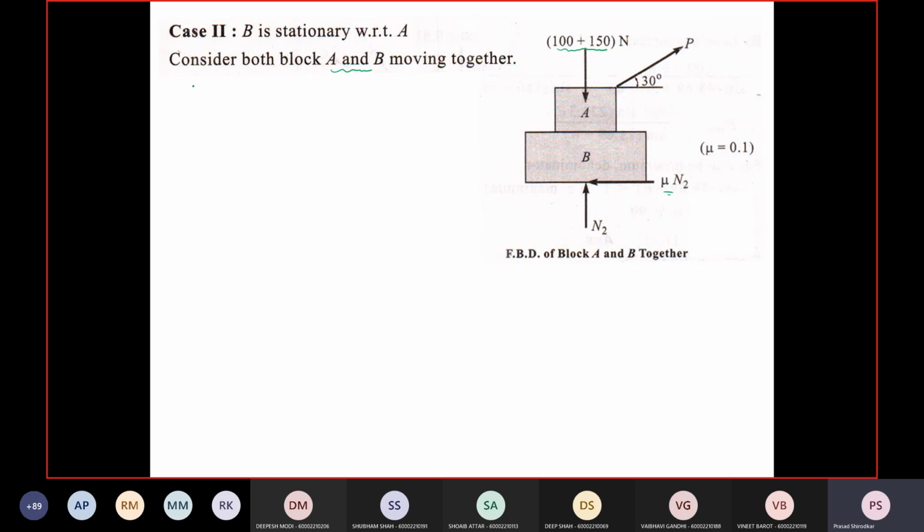Now consider the free body diagram. Summation Fy is equal to 0. So N2 minus 250 plus P sine 30 is equal to 0, and N2 is equal to 250 minus P sine 30.